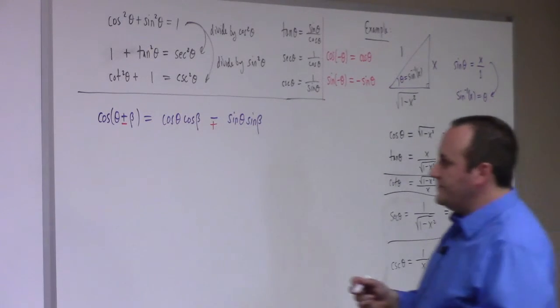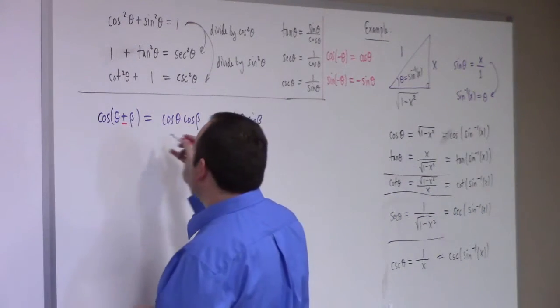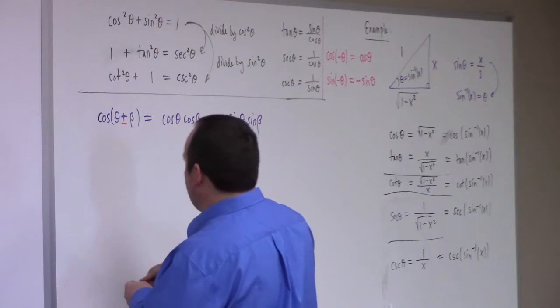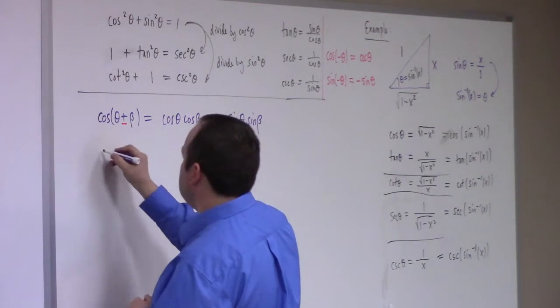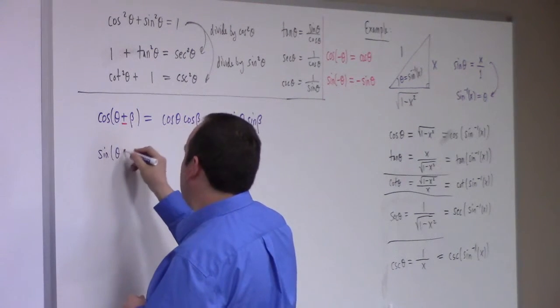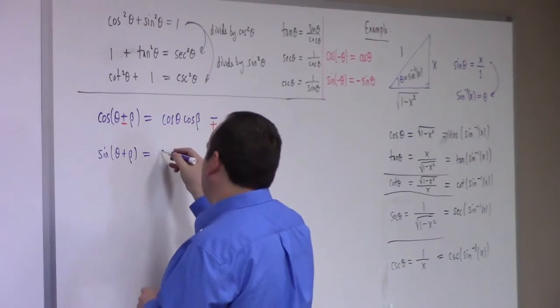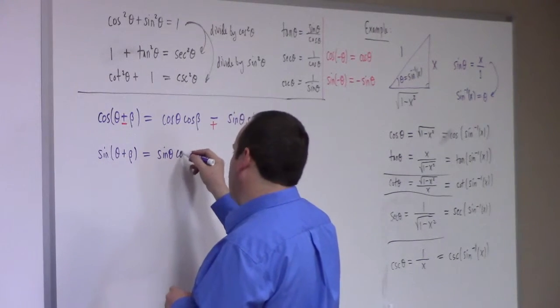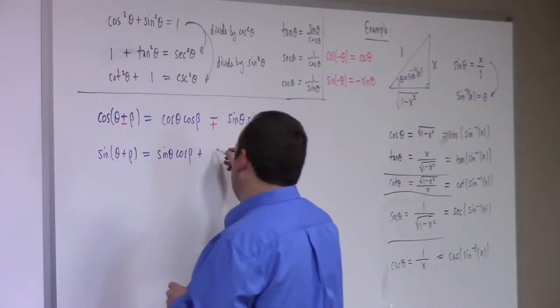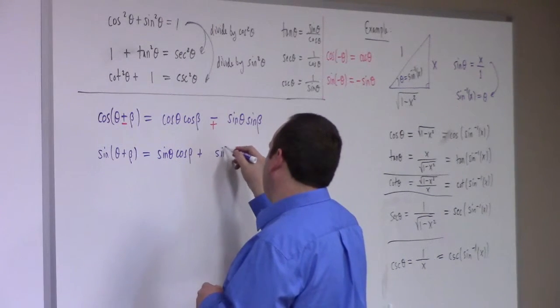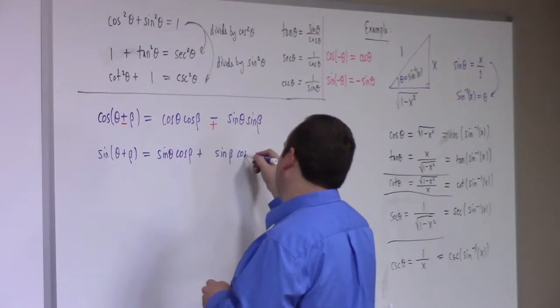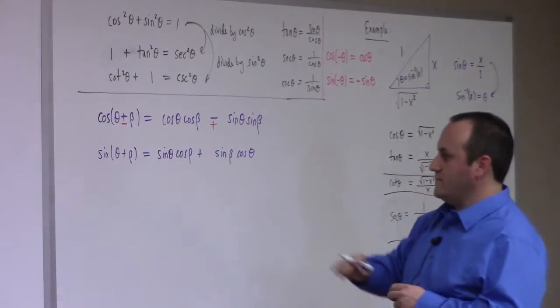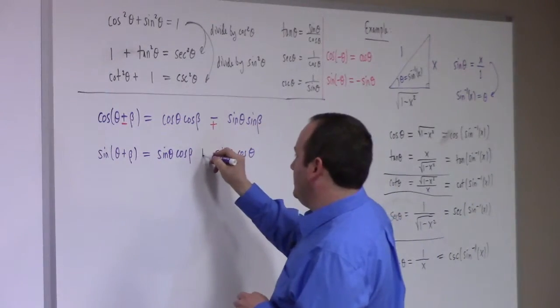All right, and let's see here. What about the corresponding identity for sine? Sine of theta plus beta is sine theta cosine beta plus sine beta cosine theta. What happens this time if I put in a minus?